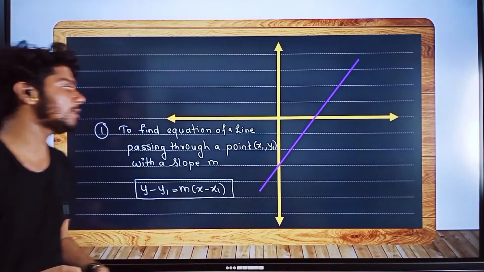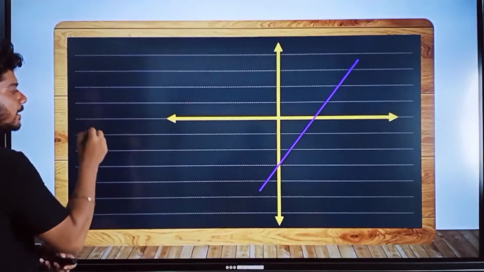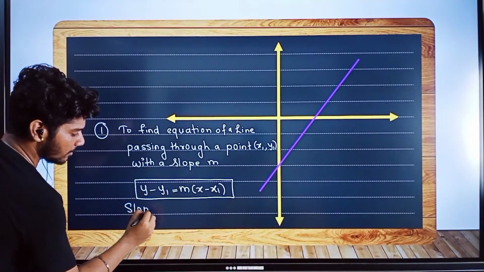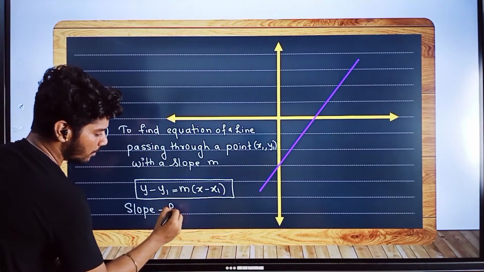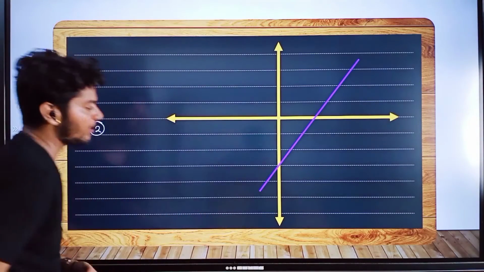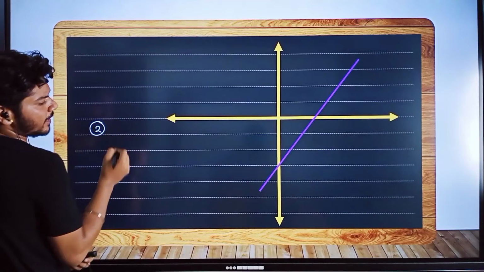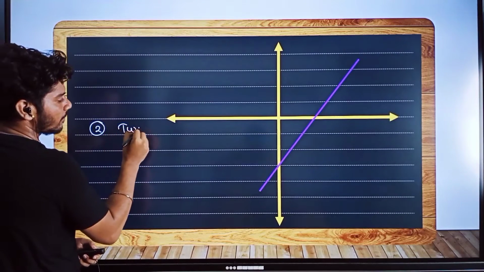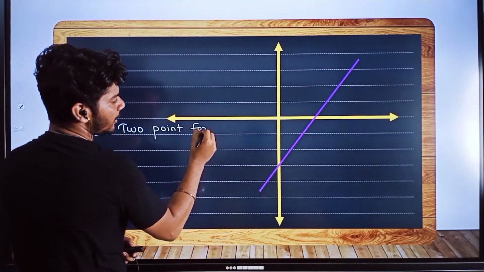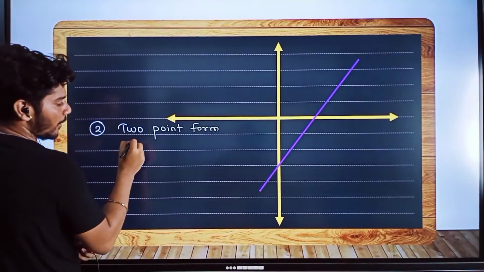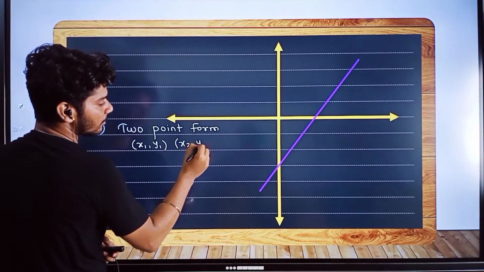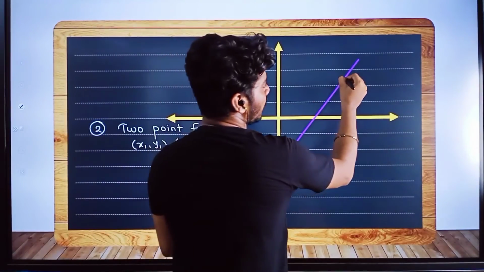Now let's move on to the second formula, the two-point form. The previous one was the slope point form. In two-point form there will be two points given, x1 y1 and x2 y2. Suppose I have two points on the line.